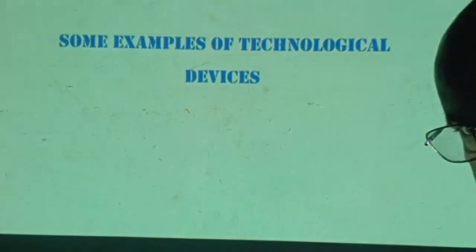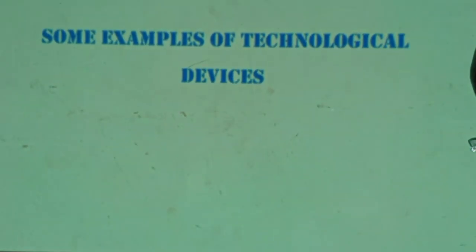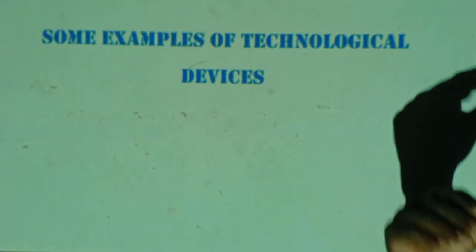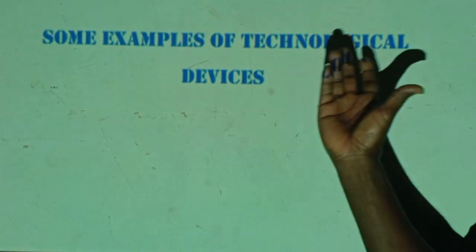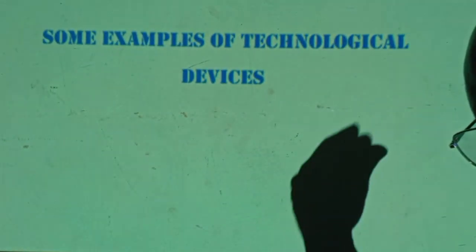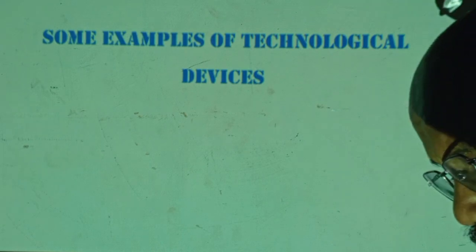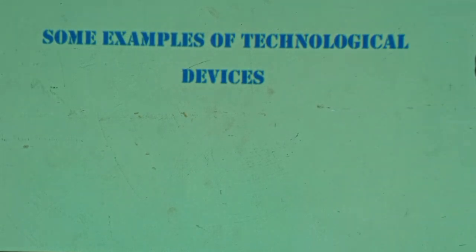Of course, the technological innovations or machineries that are listed in your textbook are concerned with those used in the medical field, medical tools. Most of them are medical tools described in your text.